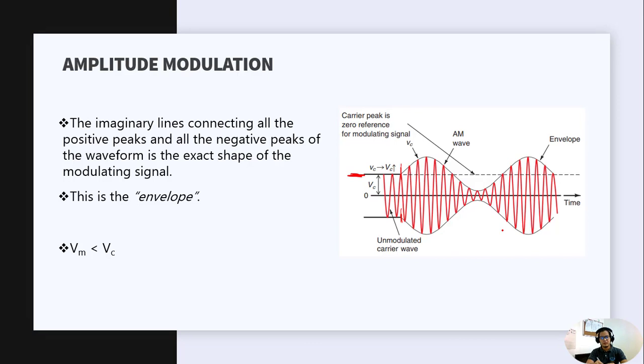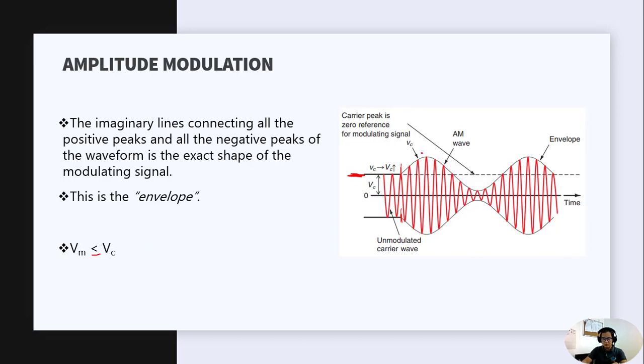But there's a limit, no, na kailangan nating tandaan. The overall amplitude or the peak amplitude of our modulating frequency should be less than the peak amplitude of our carrier. Actually, it can also be equal, less than or equal.